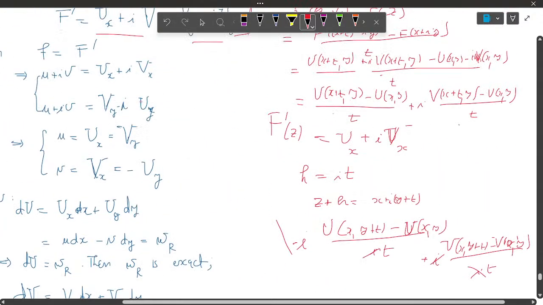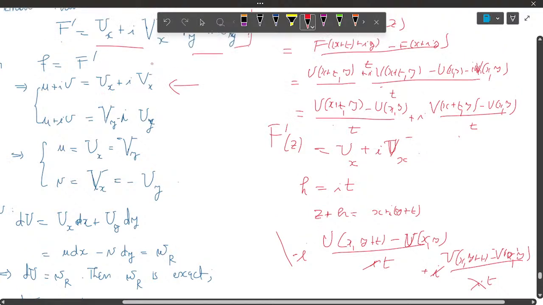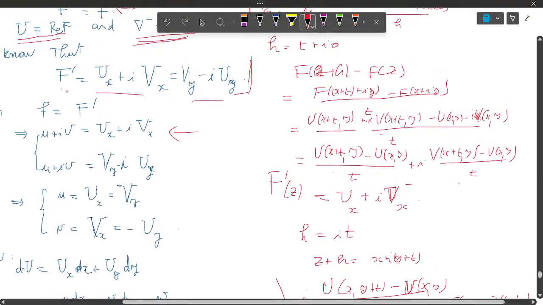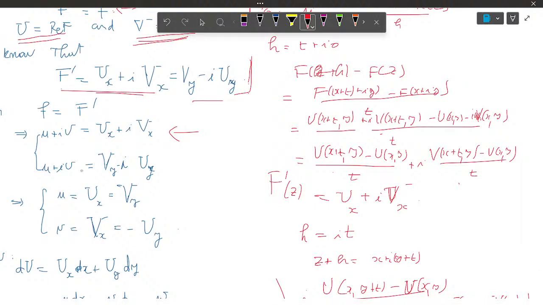So we can write this in the case that the derivative of capital F is this. We can also write this if we consider the derivative of capital F as this.